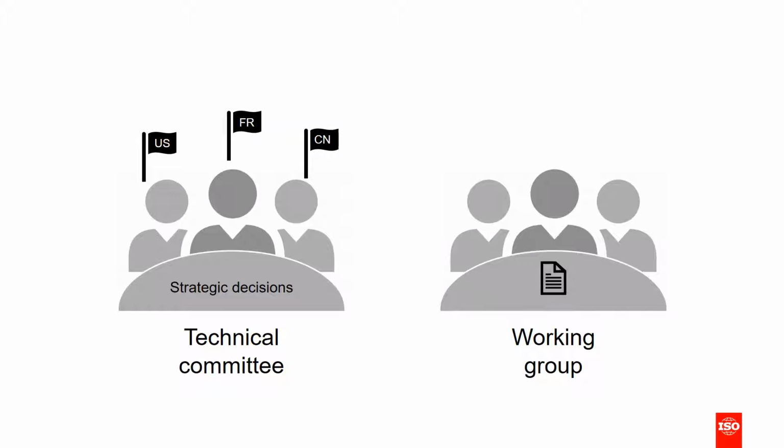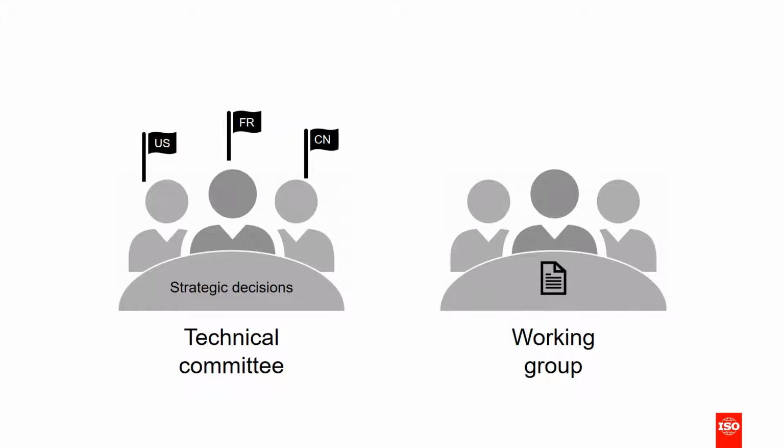But what is important for you to remember at the technical committee level is that it's one country, one vote, and it's really committee members providing their point of view, but from the perspective of their national stakeholders.